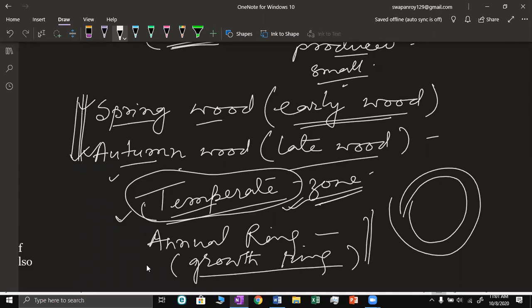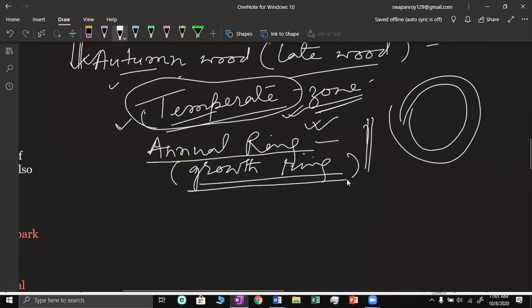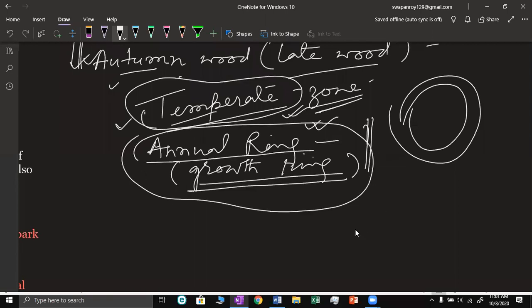It is called annual ring because in one year, one such ring is produced. So every year, one ring is produced, and that's why by counting the annual rings, you can determine the age of a tree.